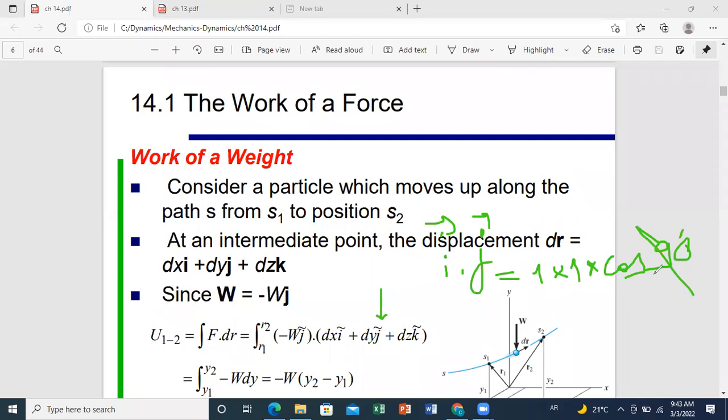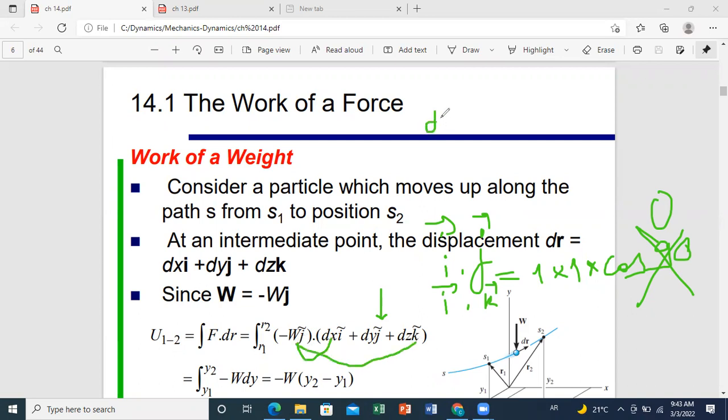This means that this will cancel out, and I have that i dot j is 0. Similarly, i dot k is 0. Only if I have the vector dot product with itself will I get a result different than 0. So here, j dot i is 0, j dot k is 0.